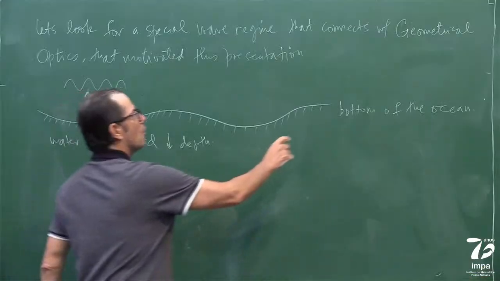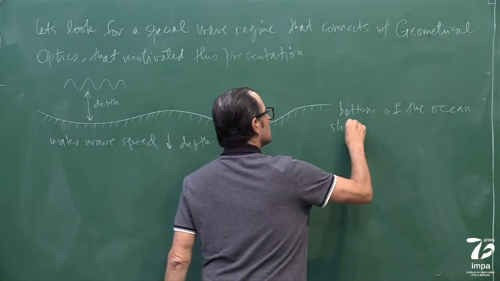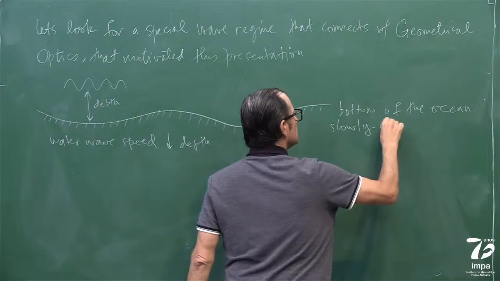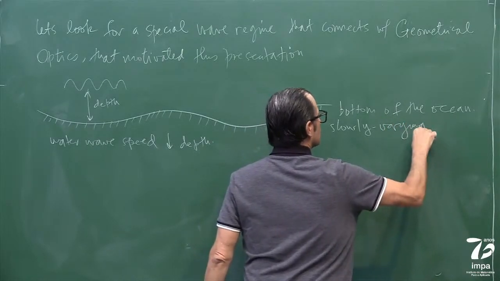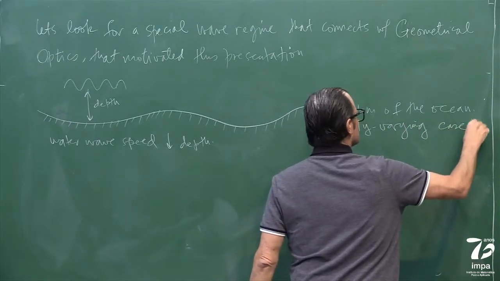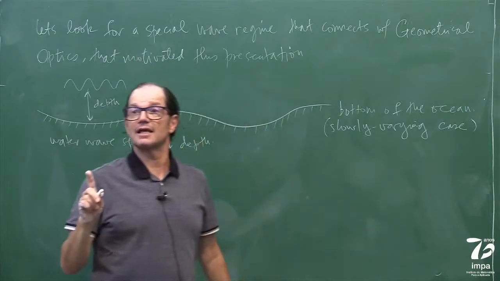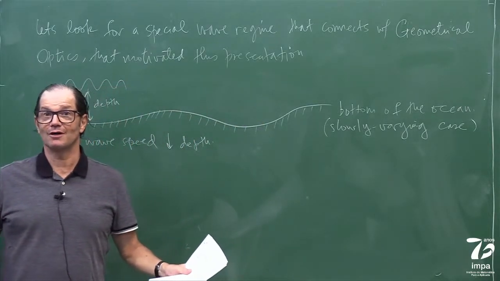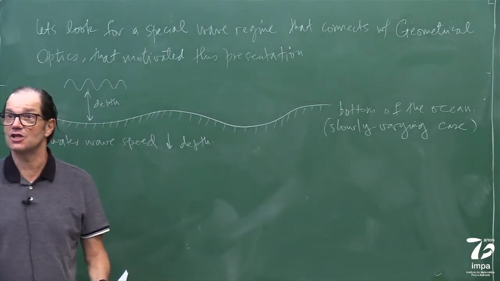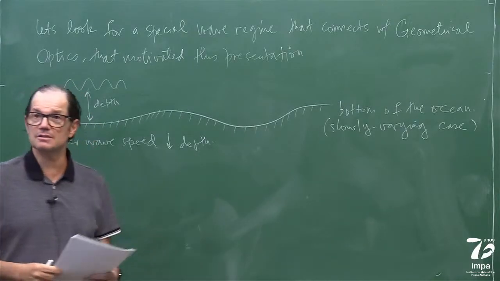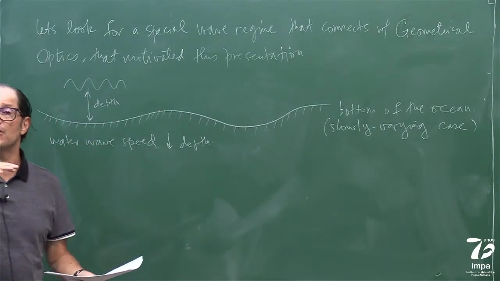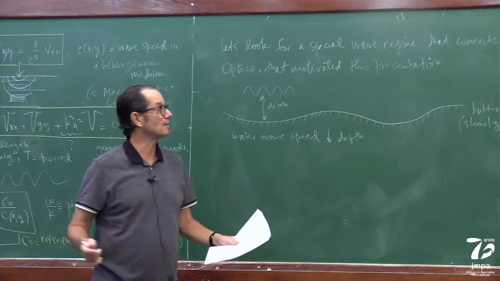So for the bottom of the ocean, let's consider the slowly varying case. That's not the case of the Nazaré waves we saw. There was this canyon that suddenly changed a lot. A slowly varying case is, as the name says, very slowly, but with respect to what?